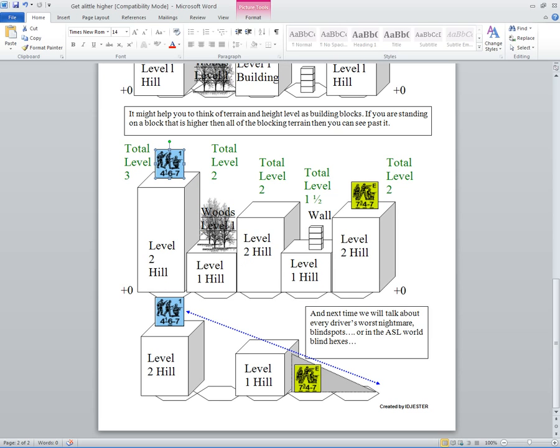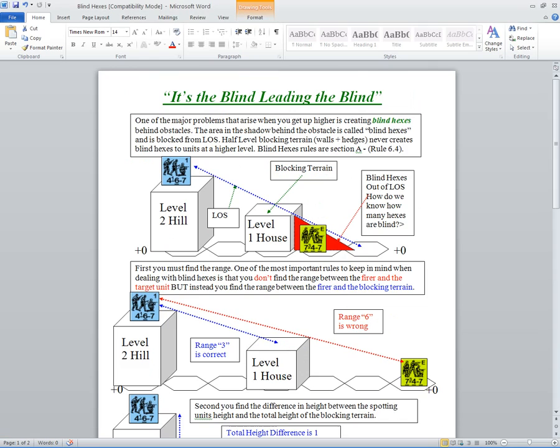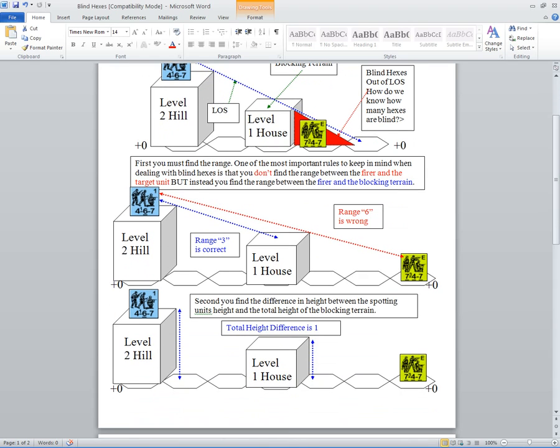The thing you can worry about, when you're talking about different heights, is blind hexes, which are created behind obstacles. You're going to find the range between the person that fires and the obstacle.